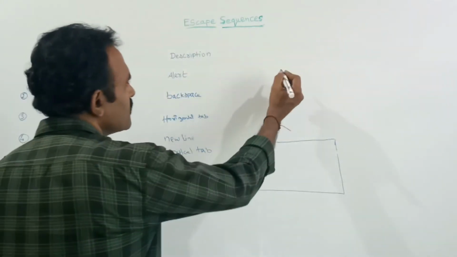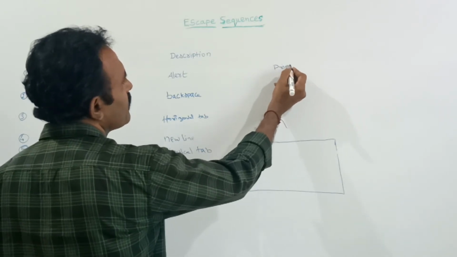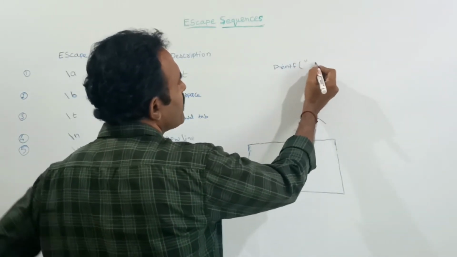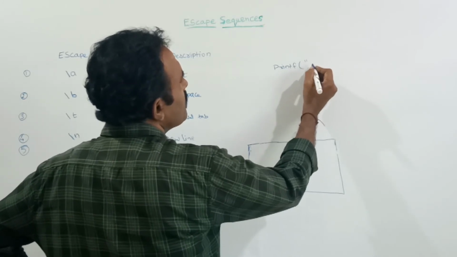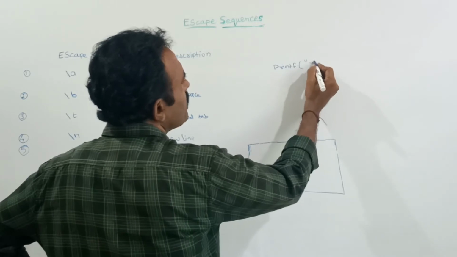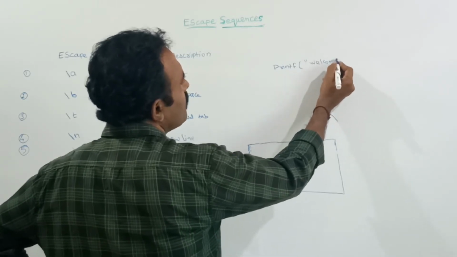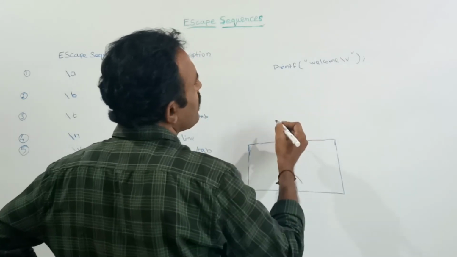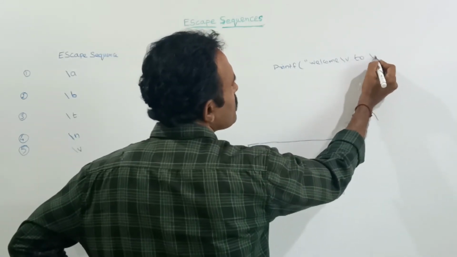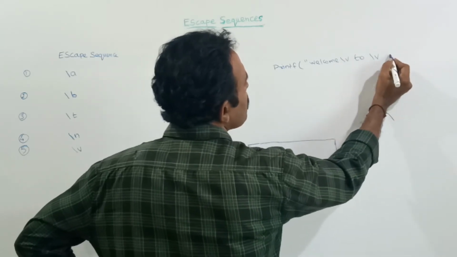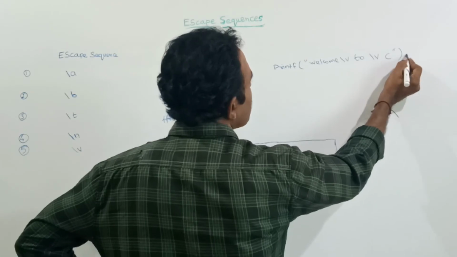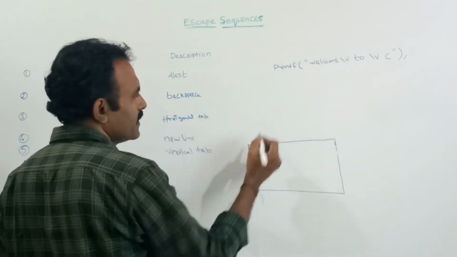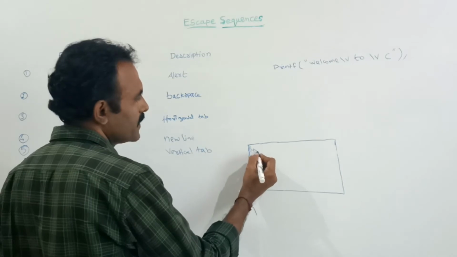Here, for example, suppose I am printing with printf, here I am giving the text welcome, then \v, then to, \v after it, C: welcome to C. Here the first part of the string, welcome, will be printed here.